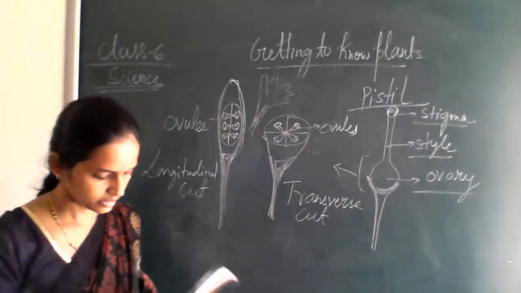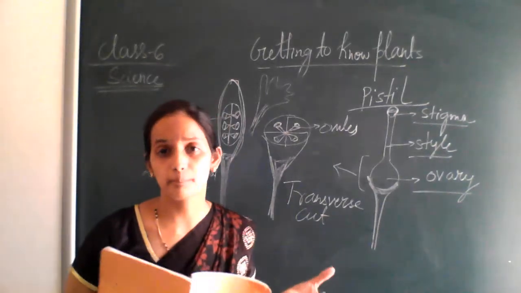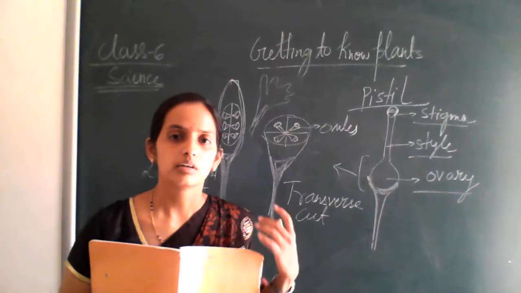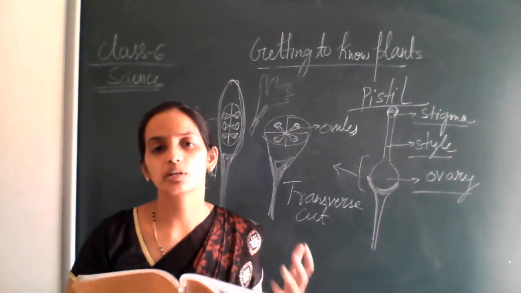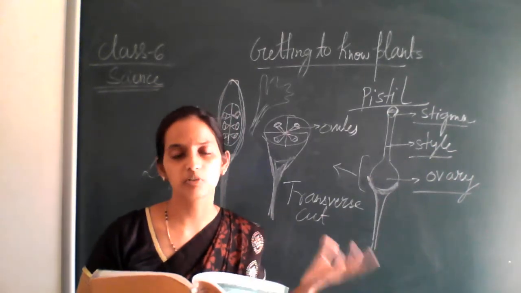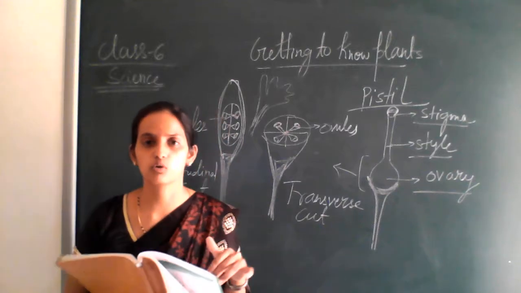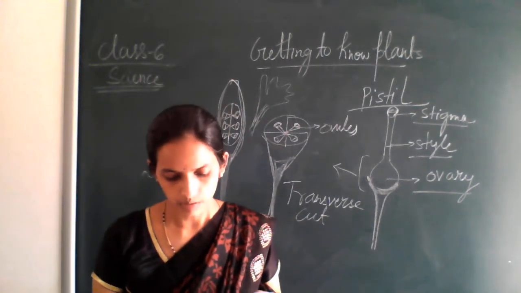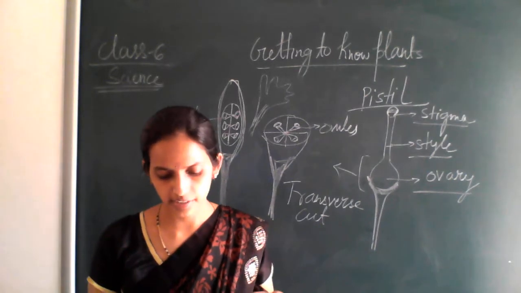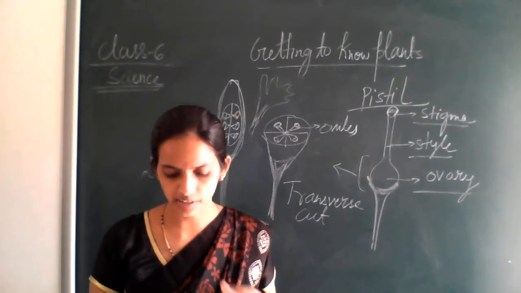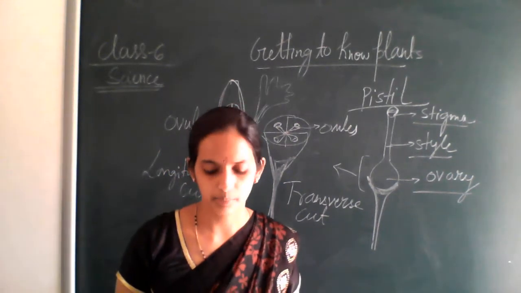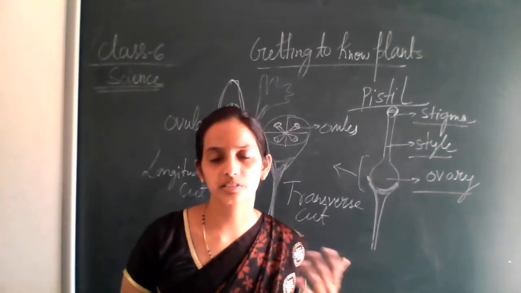Then the number of stamens can vary from one flower to another. Some will have 3, some will have 4, 6. So did you find any flower in which the number of stamens is different? Yes, there is a difference in the number of stamens and the arrangement of petals and sepals.